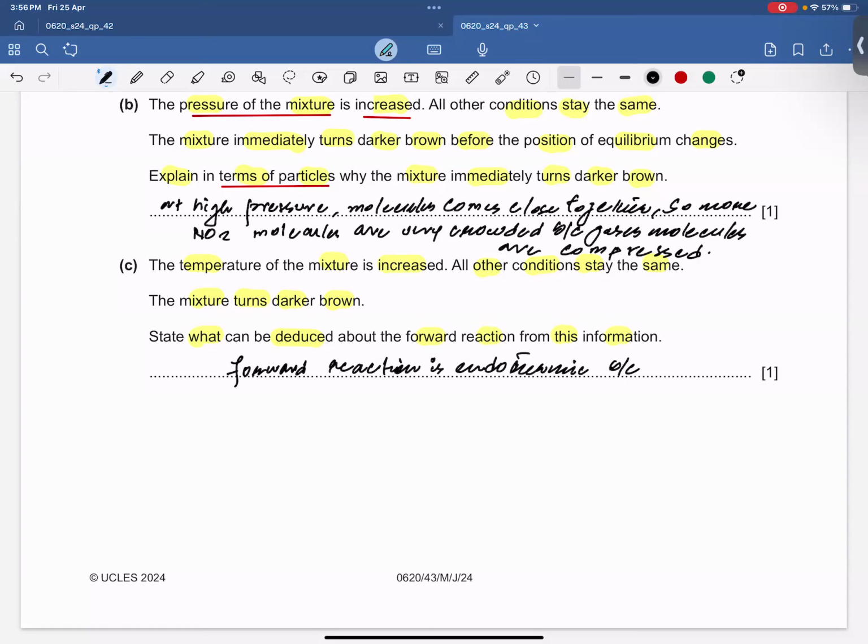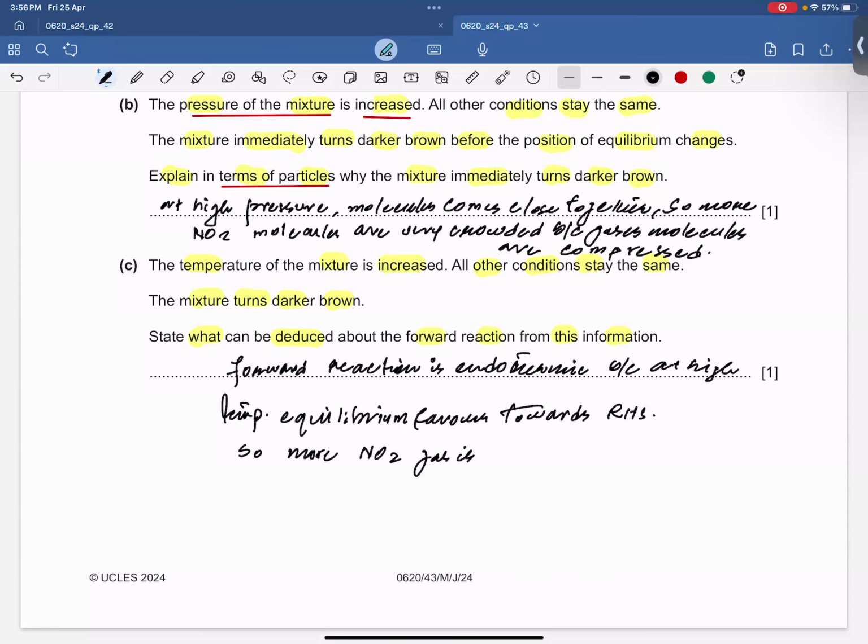Because at high temperature, equilibrium favors the right hand side. So more NO2 gas is obtained, and so the mixture turns dark brown. Okay.